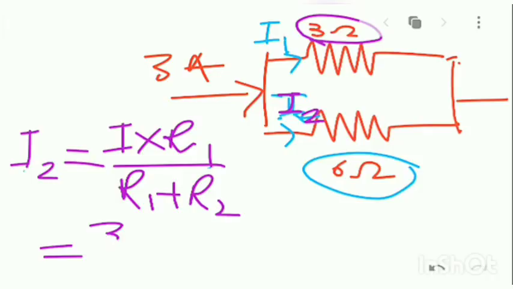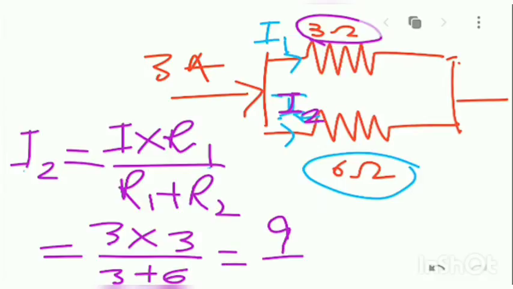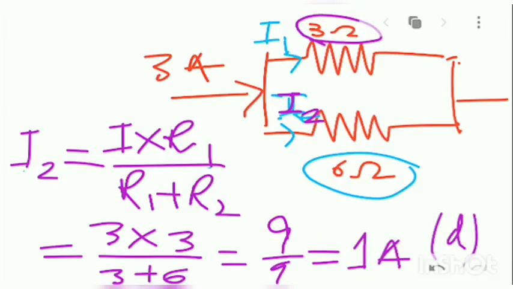That is 3 into 3 by 3 plus 6. That is 9 by 9. That equals 1 ampere. This is how we will solve the further numericals of current division. So this gives us the answer of the last portion and the previous portion. So I hope this is clear for now. How to solve 27.